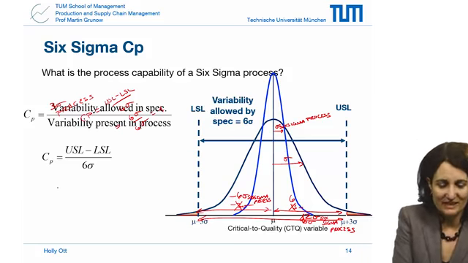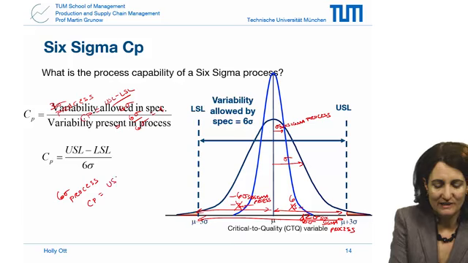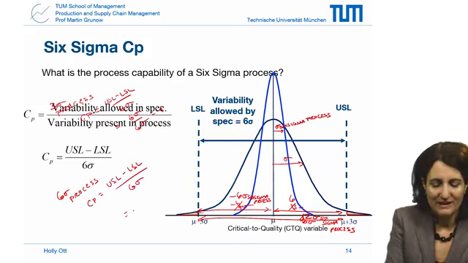And so this means for a 6 sigma process, Cp equals USL minus LSL over 6 sigma is 12 sigma over 6 sigma equals 2.